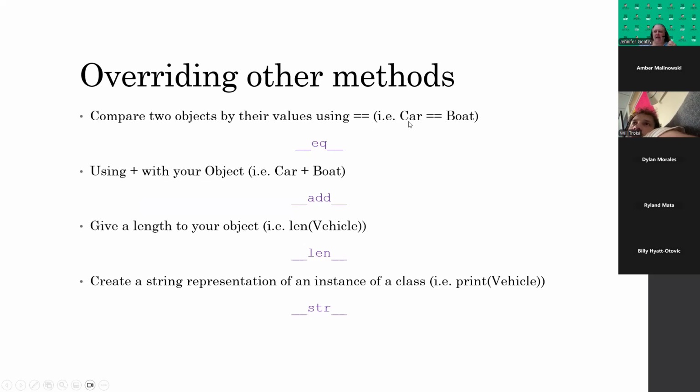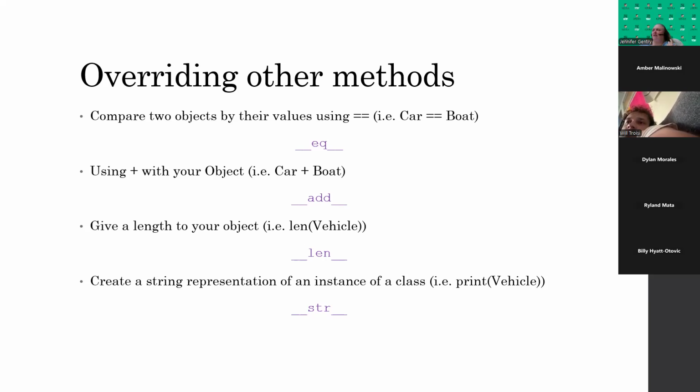So I can then say, is a car equal to a boat, which shows me equivalency. I also have __add__ between my underscores. It's going to allow me to use the plus sign. So I might be able to say, can I add a car plus a boat? And what does that mean?